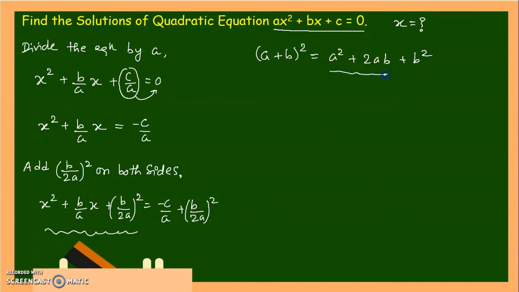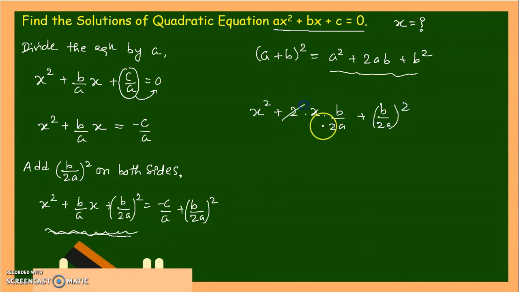If you compare this identity with the left hand side, we can write the left hand side as x square plus 2 times x times b upon 2a plus b upon 2a whole square.